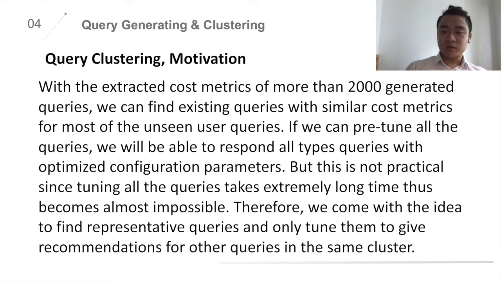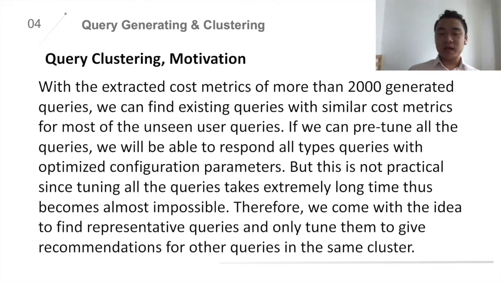But it's not realistic to optimize all the queries separately. So we think it's possible to only optimize queries that share similarity with others, and using this query as the representative query, we can recommend configurations for similar queries without actually optimizing them. So this is actually clustering.